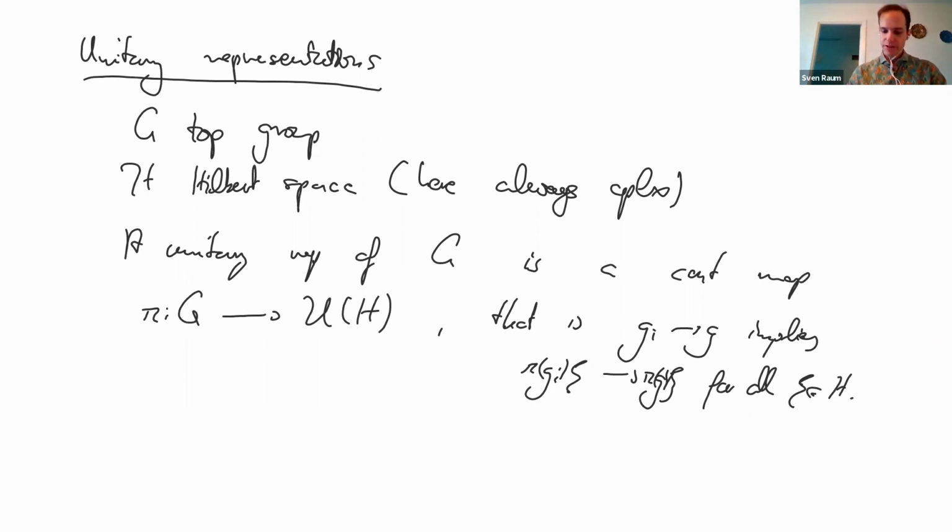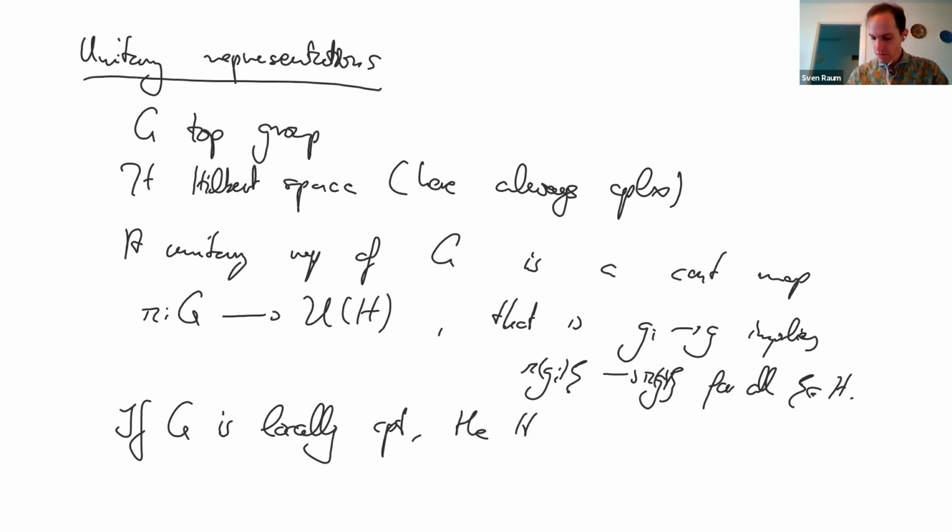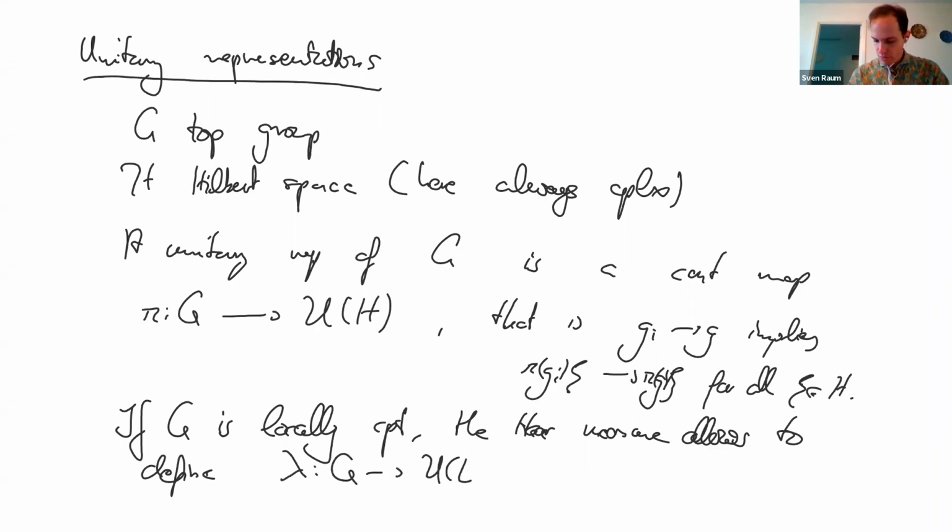And if G is locally compact, the Haar measure allows to define λ from G to the unitary group of L2(G), and that's just the linearization of the left translation action, right?